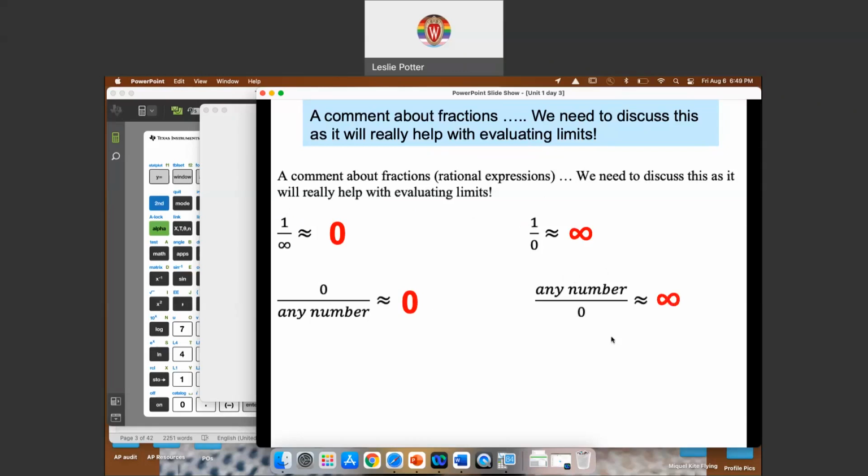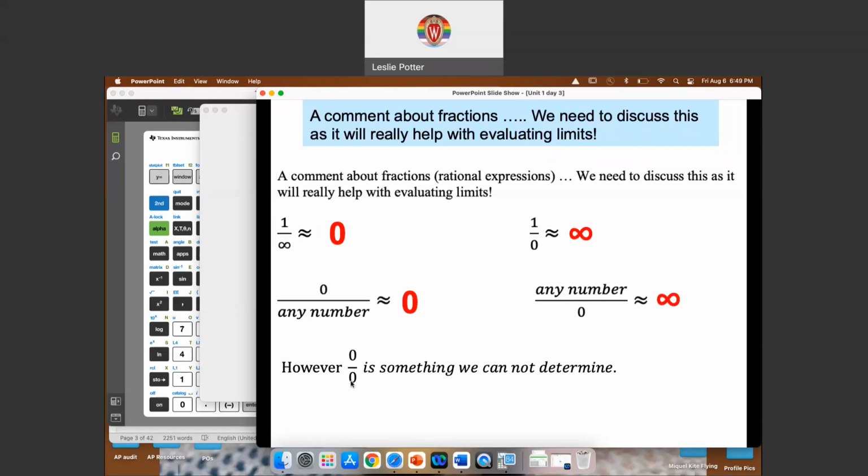We can find values. Indeterminate means we don't quite know what's happening with the value. That happens when we get a rational expression that is 0 over 0. We're not quite sure. Is it 0? Is it infinity? Is it something in between?